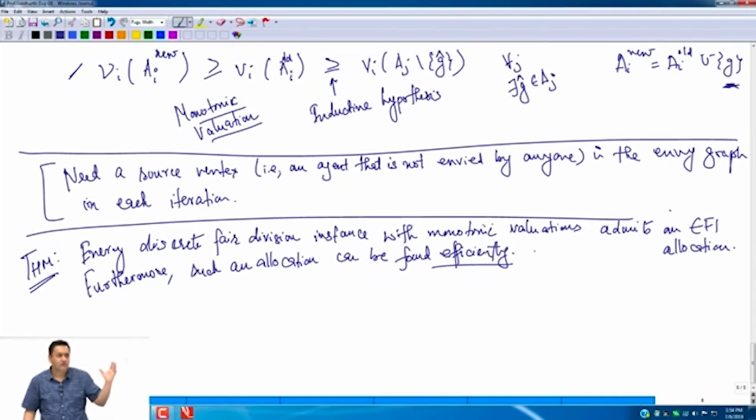So these are drastically different. You have a function that is that huge; its specification would require you to spell out 2 to the m values. You are able to obtain a result for such general functions, where the only property is monotonicity, by looking at a polynomial number of places.